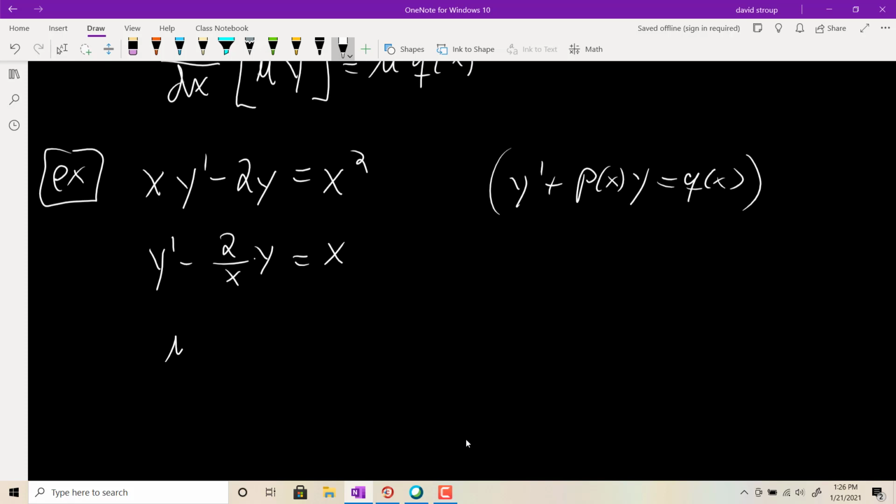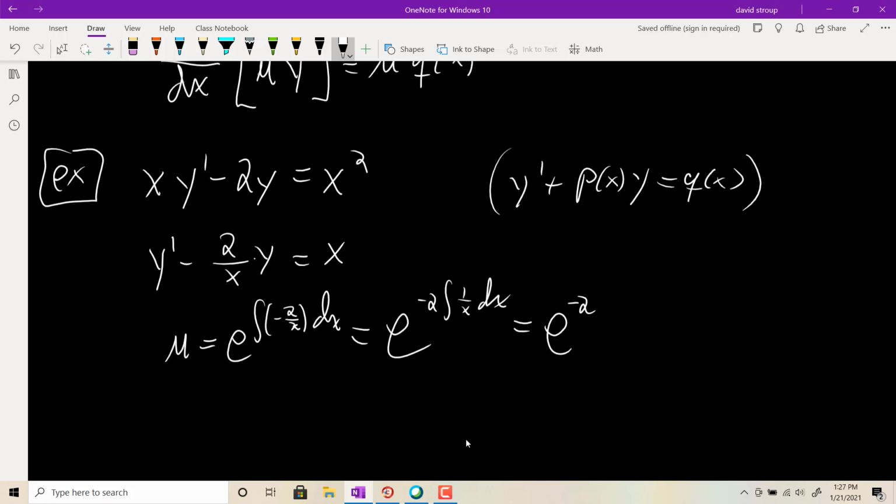So our p of x is negative 2 over x. So mu is going to be e to the integral of negative 2 over x dx. We can integrate that: e to the negative 2 times the integral of 1 over x dx. That's a natural log. I have e to the negative 2 ln.